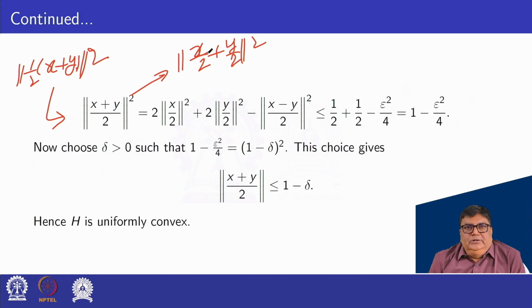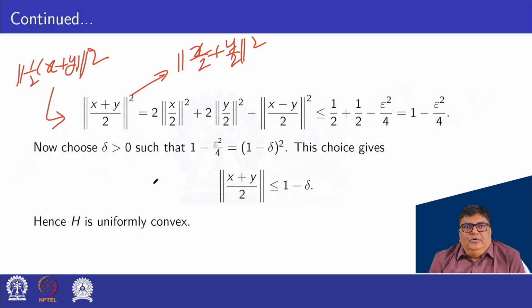So this can be written as 2 norm x by 2 squared plus 2 norm y by 2 squared minus norm of x by 2 minus y by 2 squared.